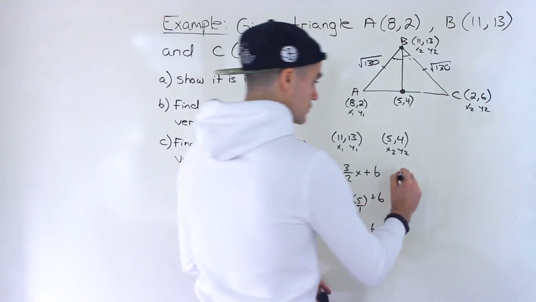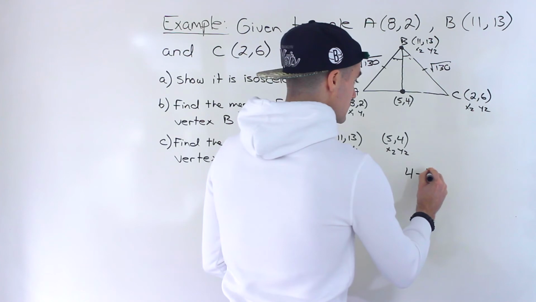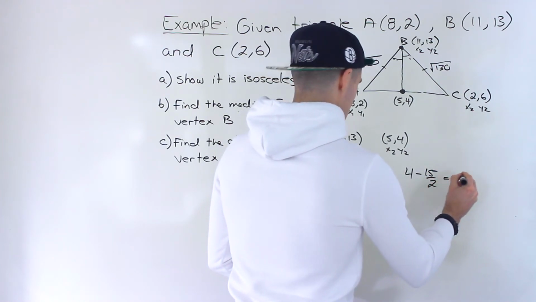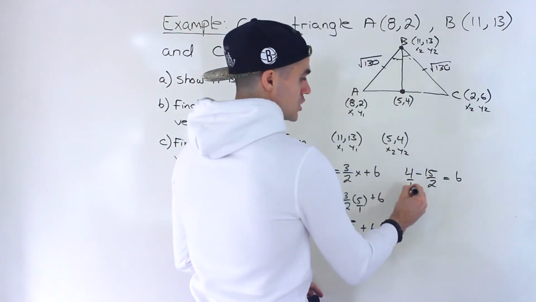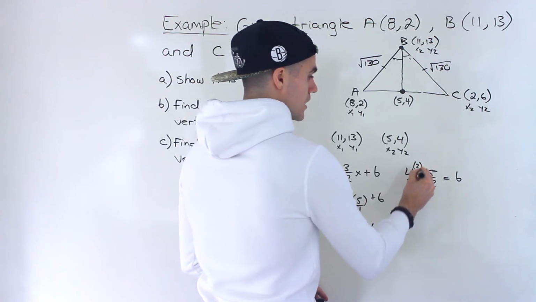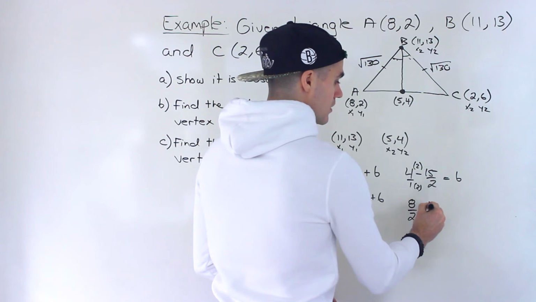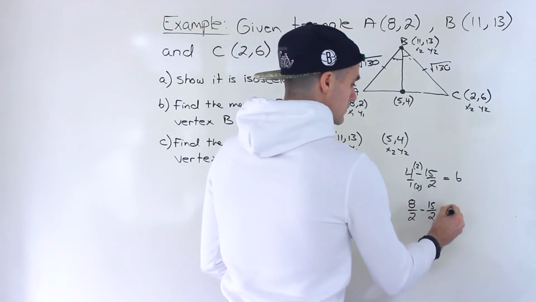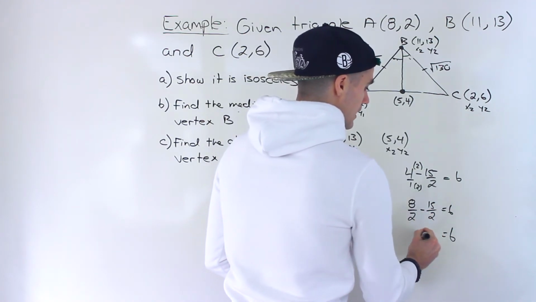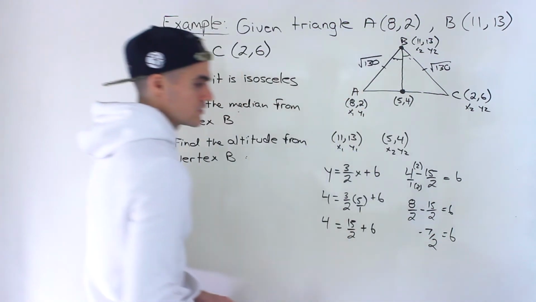Bring the 15 over 2 over, so we'd have 4 minus 15 over 2 is equal to b. Change this to a common denominator, so we'd have 8 over 2, which is the same as 4, minus 15 over 2 is equal to b. b would end up being negative 7 over 2.